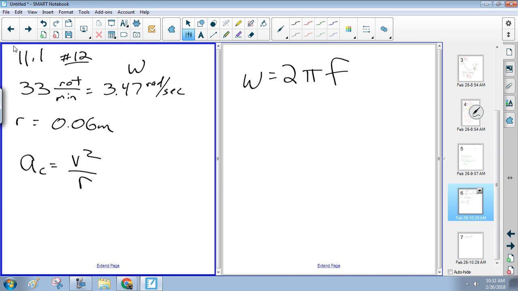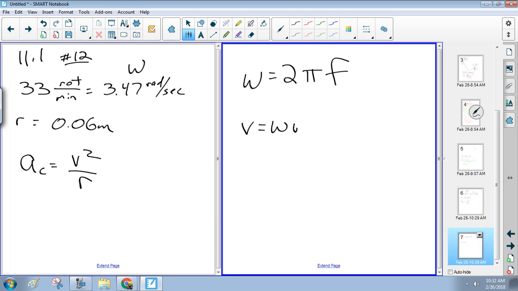So there are 2 ways of doing this, and I think it's instructive to hit both of them. In order to do this, we have to figure out what v is. To find v, I think we have to use a jumper equation. So v is going to be omega r.